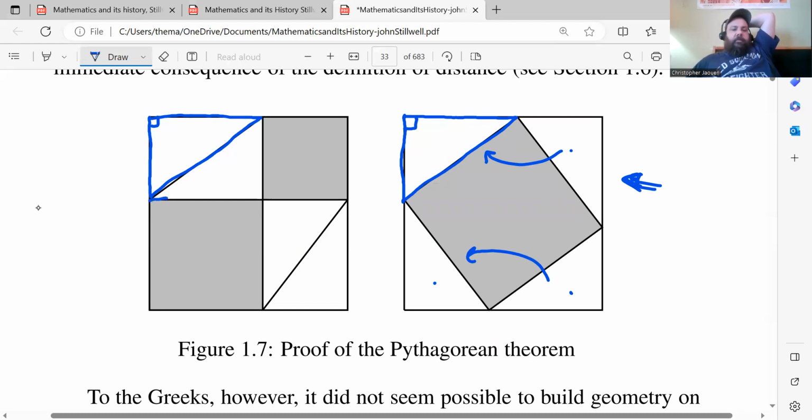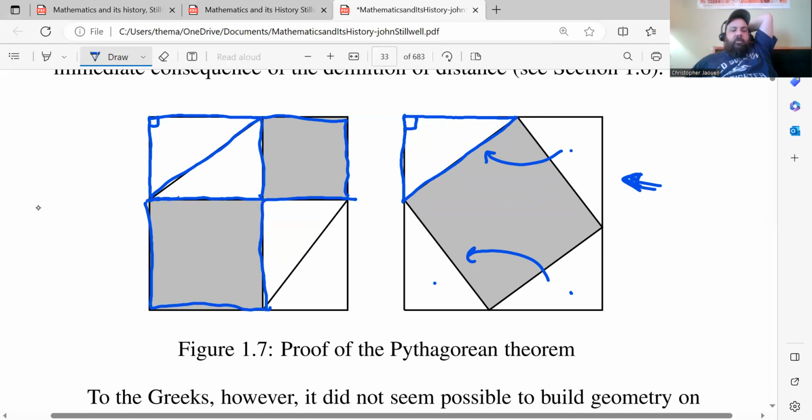So notice that the area of the shaded square is actually equal to the sum of the areas of the squares on the sides of the triangle.